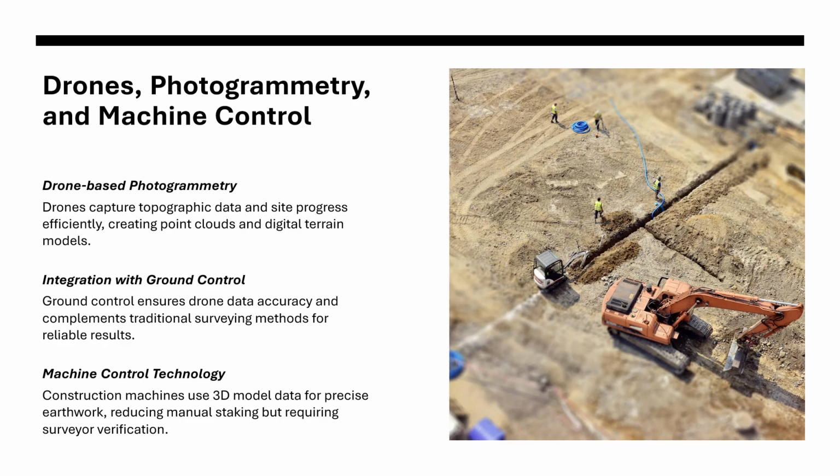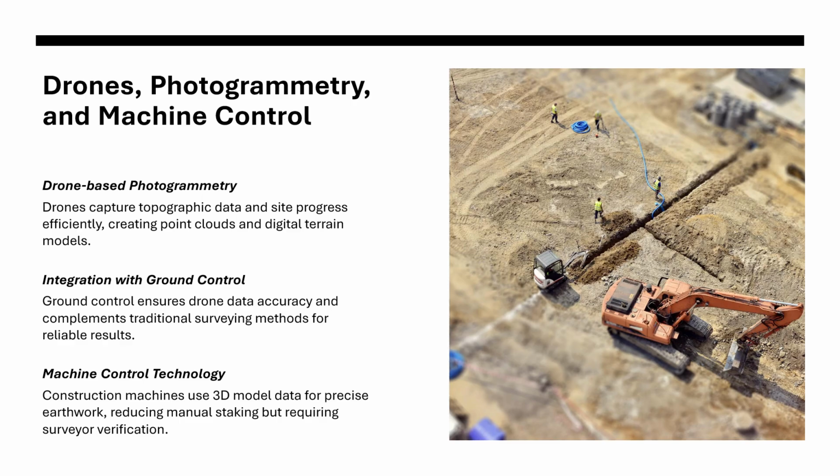And perhaps the most direct integration of technology into construction is machine control. Modern bulldozers, graders, and excavators can be and often are guided by 3D models uploaded directly into their onboard systems. This means the design profiles and alignments built in Civil 3D may be used by operators without surveyor intervention on every stake.